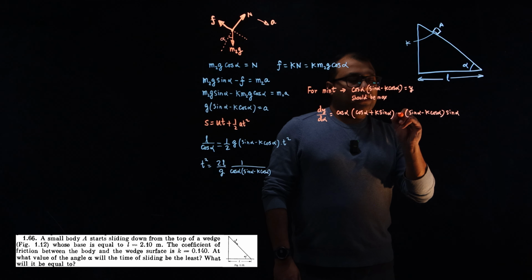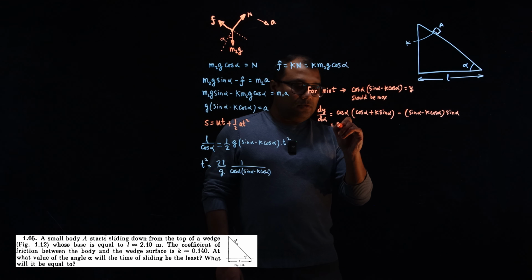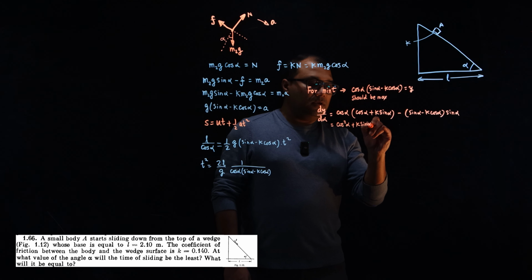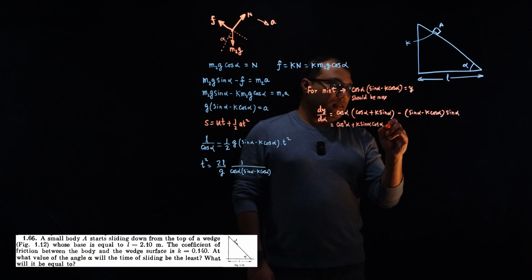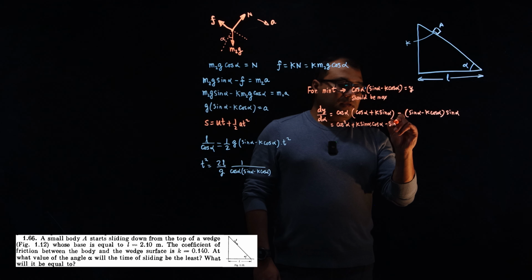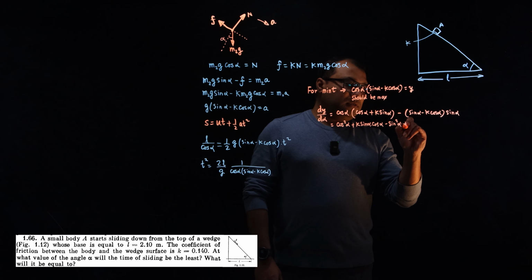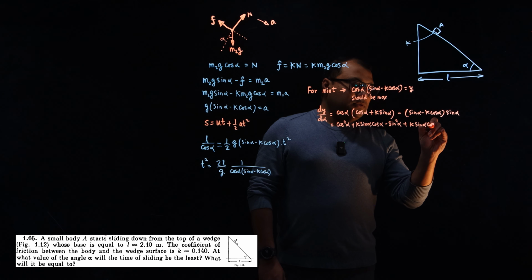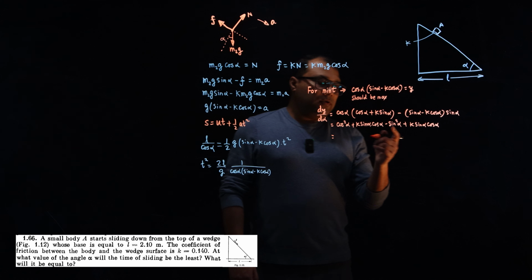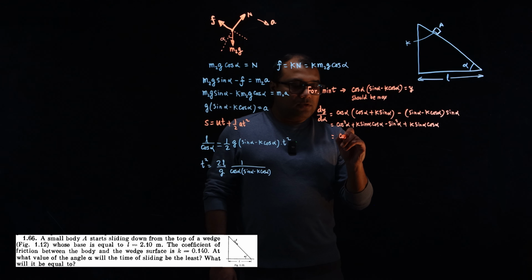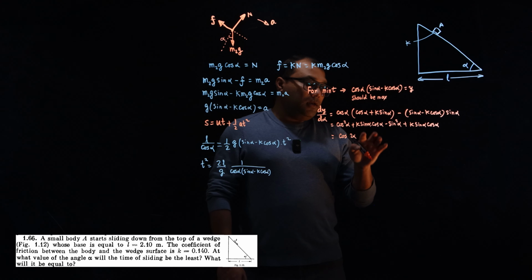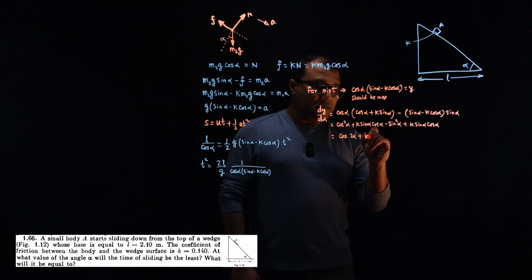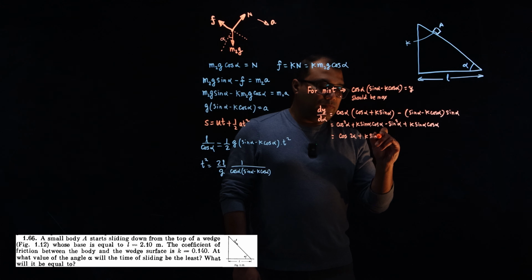So cos square alpha plus k sin alpha cos alpha minus sin square alpha plus k sin alpha cos alpha. So cos square alpha minus sin square alpha we can write as cos 2 alpha, and this is 2k sin alpha cos alpha, so this can be written as k sin 2 alpha.